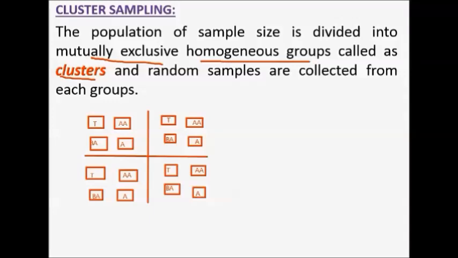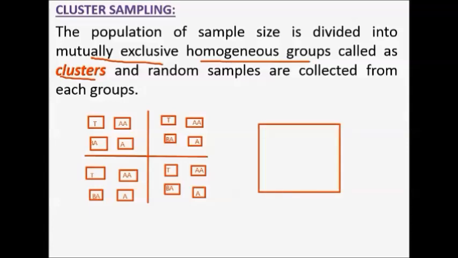Within the group, there are different categories of students like topper, above average and so on. Intra-group is mutually inclusive. When we go from one group to another, that is homogeneous. All the groups are the same. So these clusters are quite natural. In cluster sampling, the groups are formed in a natural way.